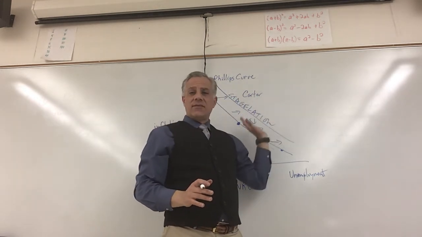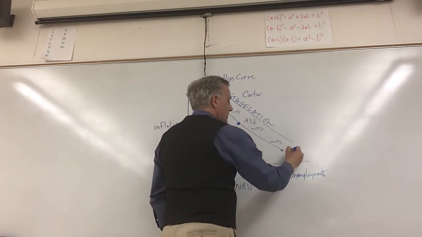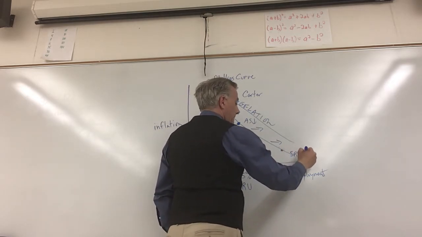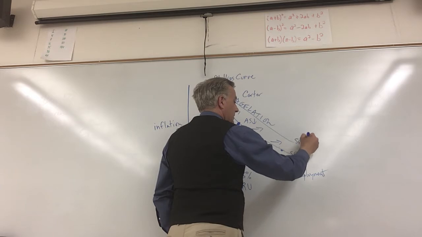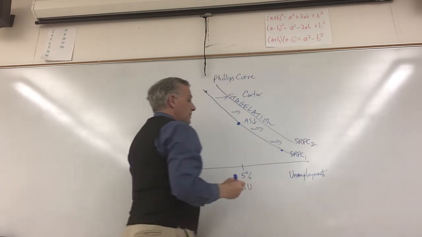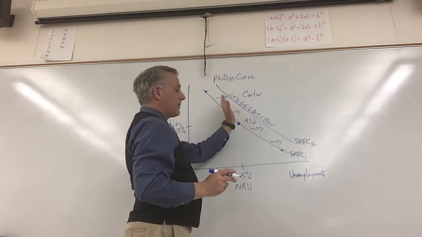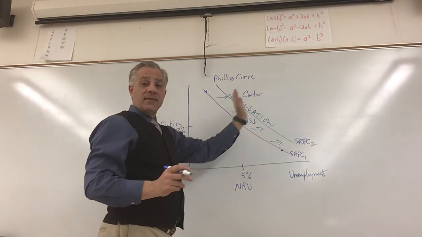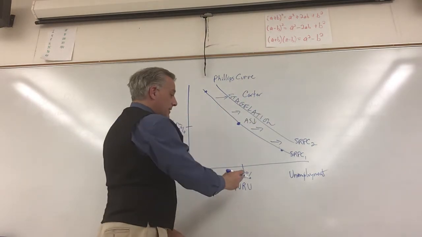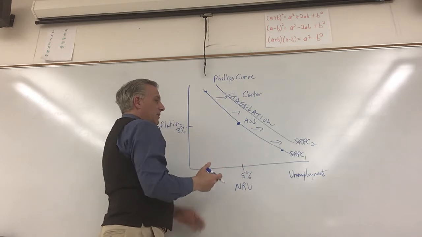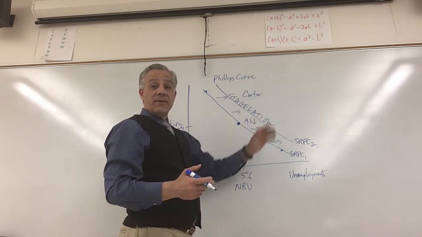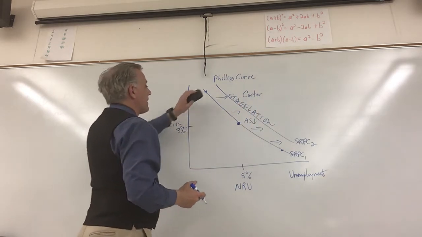There's going to be a shift of the entire short-run Phillips curve. Be aware that even though we're moving away from the origin, okay, this is bad, right? This is the opposite of the AS-AD graph where moving right is good. Here, moving right is bad, okay?